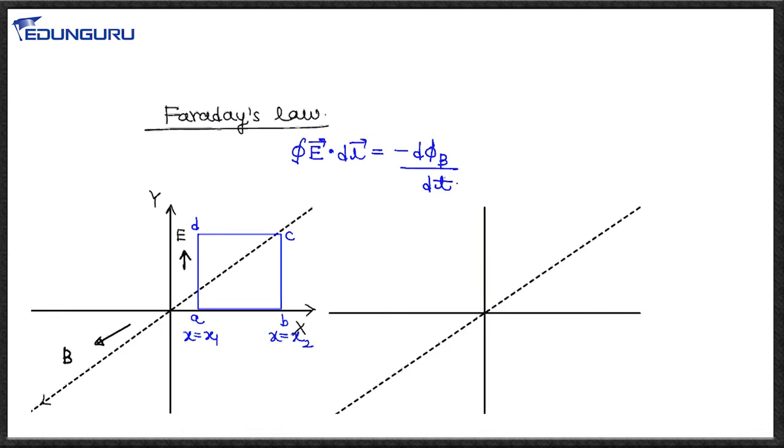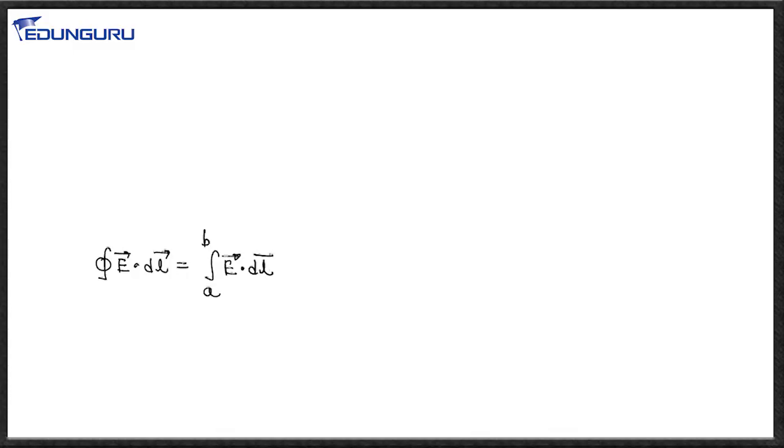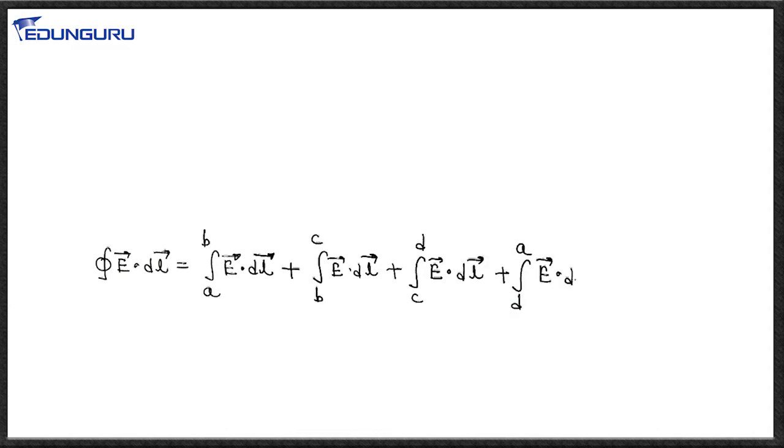It is equal to the integral from A to B of E dot dl, plus the integral from B to C of E dot dl, plus the integral from C to D of E dot dl, plus the integral from D to A of E dot dl.